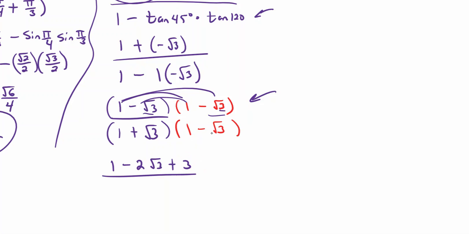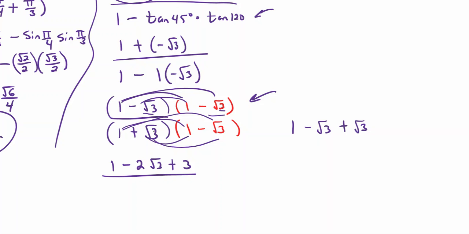And then on the bottom, this is the whole point: when we multiply this in, we end up with a canceling effect, because one's positive and one's negative. Let me do that to remind you why this works. 1 times 1 is 1. Then 1 times negative root 3 is negative root 3. Then root 3 times 1 is positive root 3.